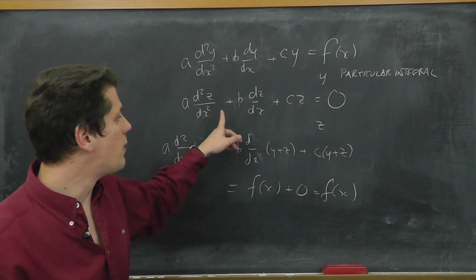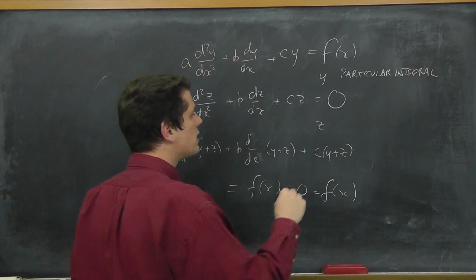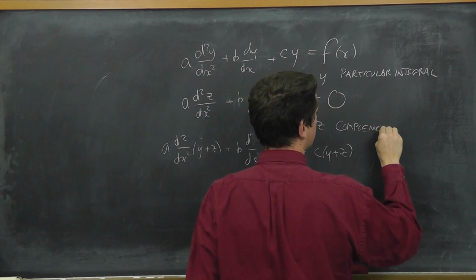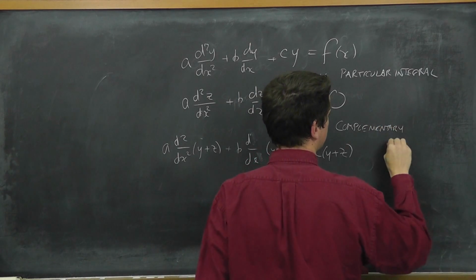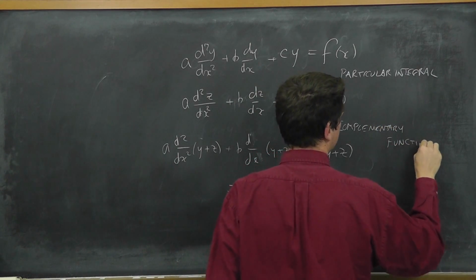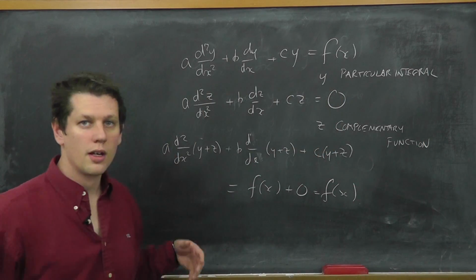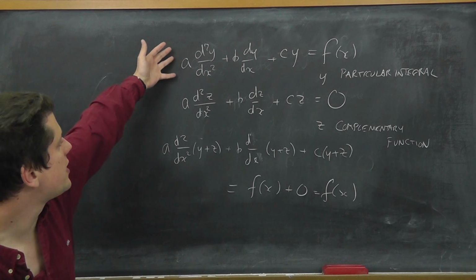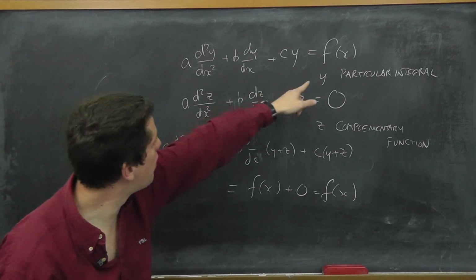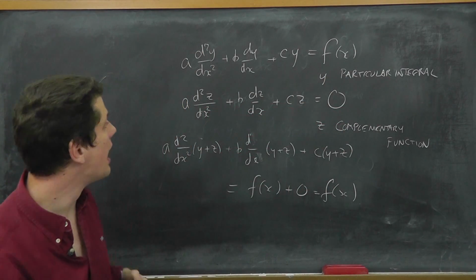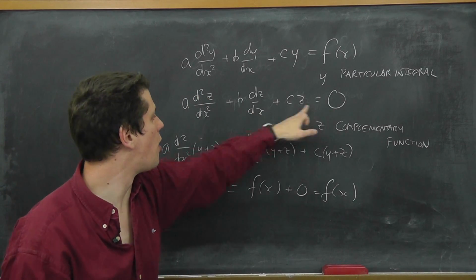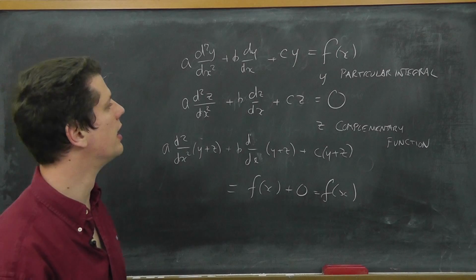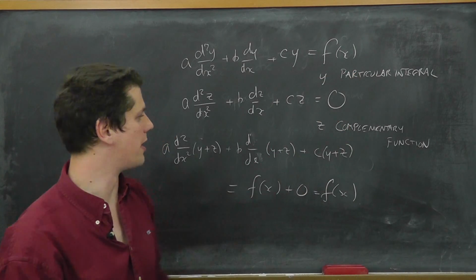And then the thing we add on to get another solution is called the complementary function. So in this language, we get the general solution to this differential equation by finding just one solution, the particular integral, and adding on solutions to the homogeneous version, the complementary function. So the general solution is the particular integral plus the complementary function.